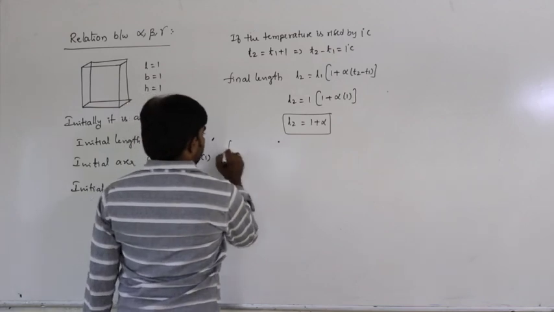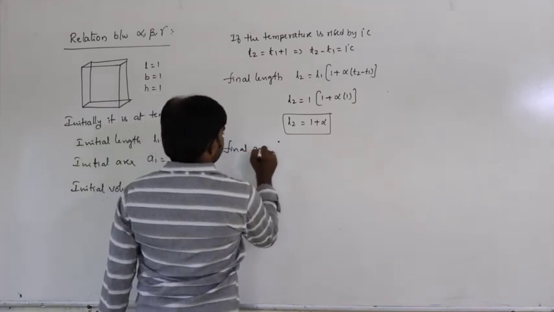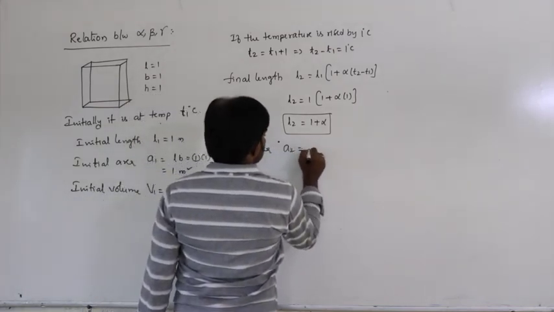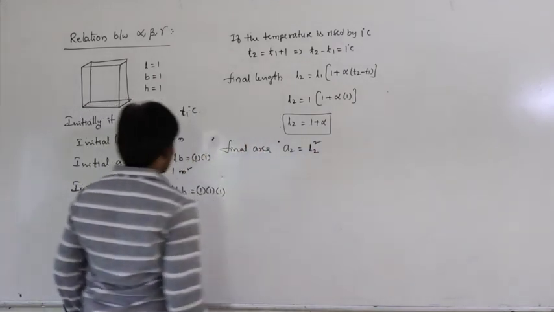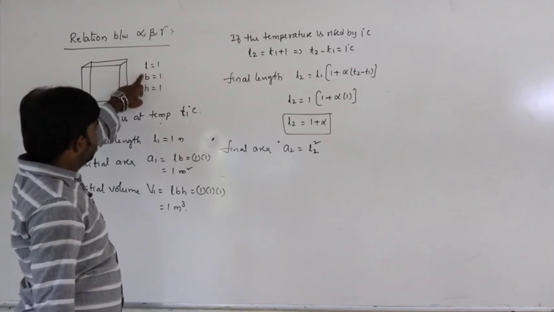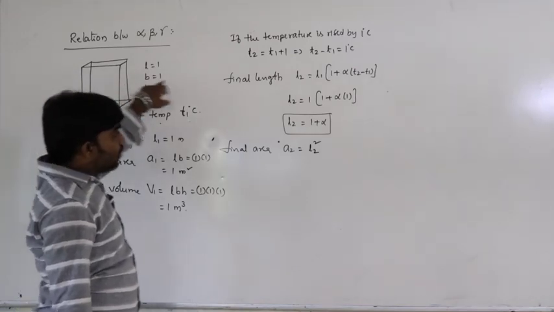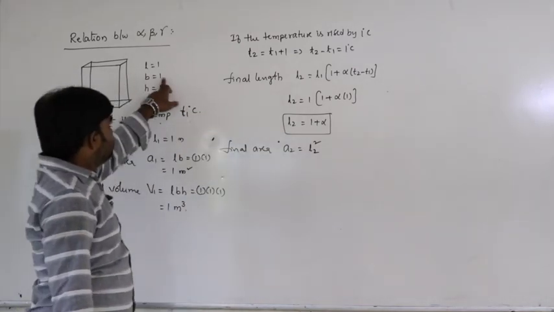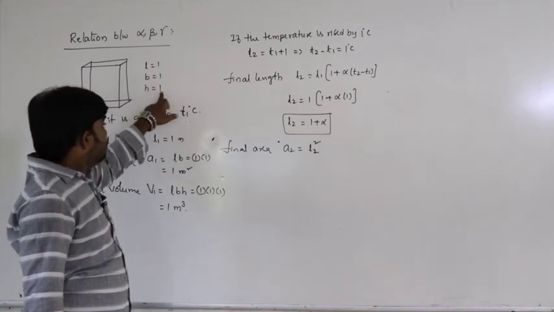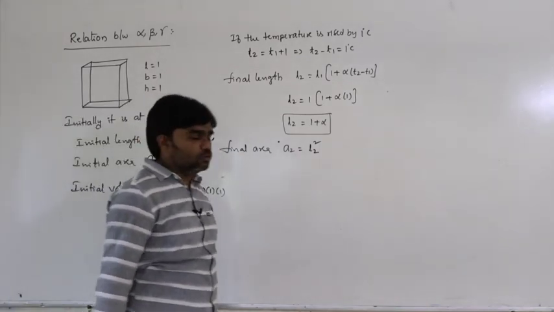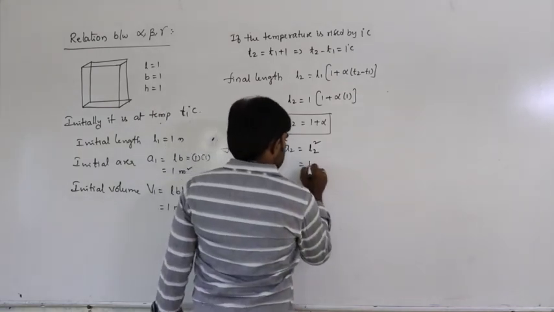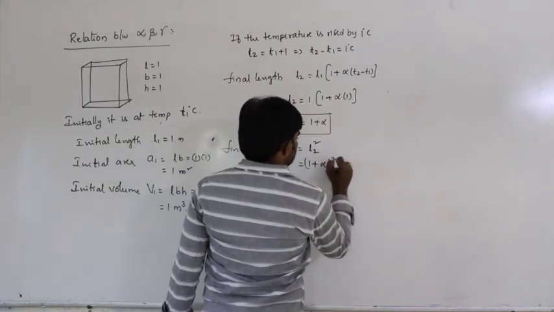Next, final area. A2 is equal to L2 square. Length into breadth, height is 1 1 1. Whatever is the increase in length, breadth also increases the same and height also increases the same. That's why I am writing L2 square here. So that is equal to 1 plus alpha whole square.